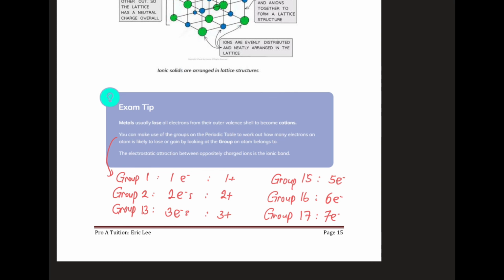So group 15 tend to receive electrons rather than donate electrons. Donating electrons is a bit hard because it has to donate 5 electrons to make the inner shell fully filled. So donating 5 is not possible, but receiving 3 is easier for group 15. So receiving 3 electrons. This one receiving 2 electrons, receiving 1 electron. And because of that, the charge is 1 minus, 2 minus, and 3 minus.